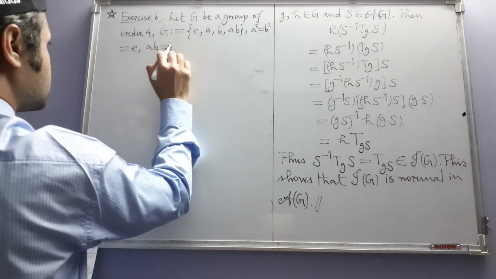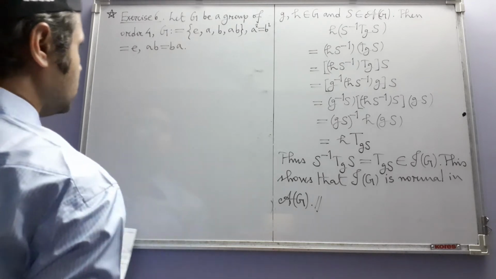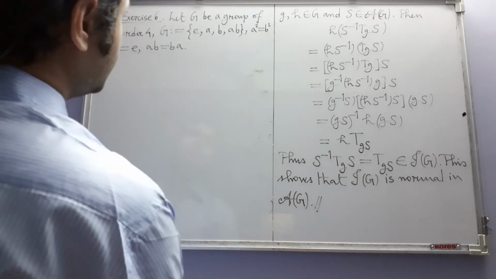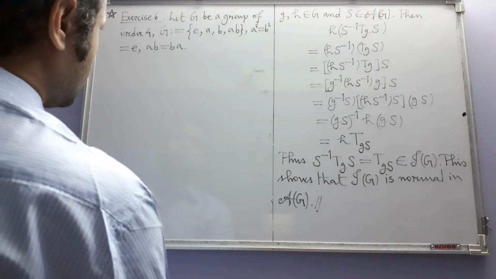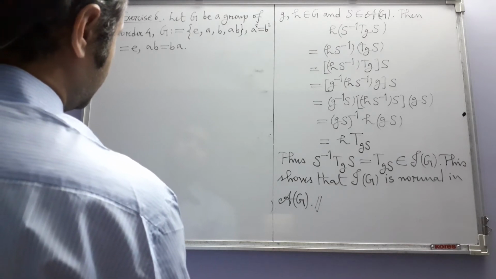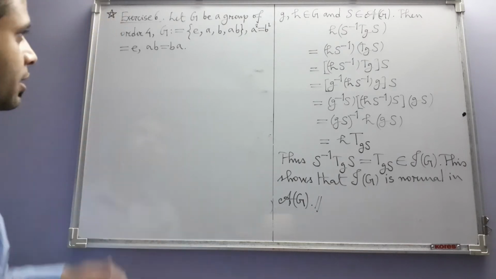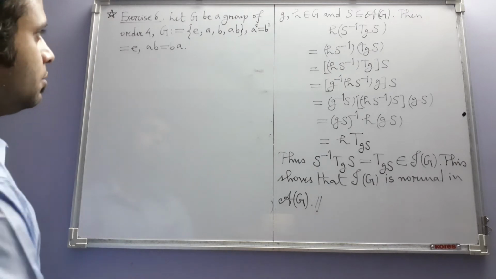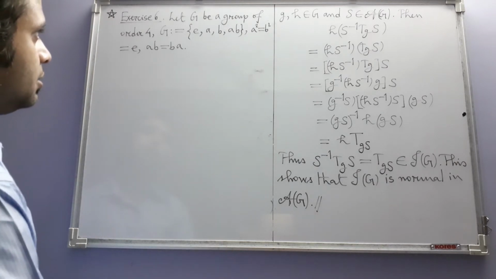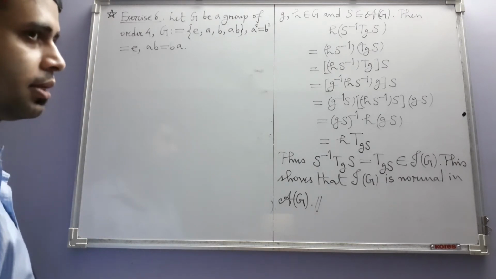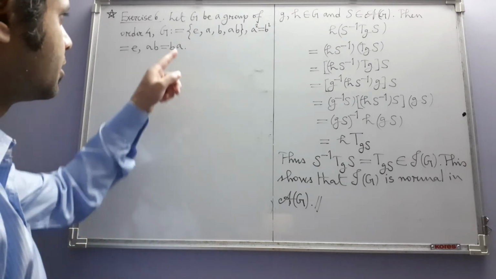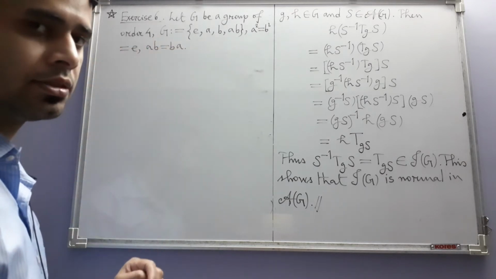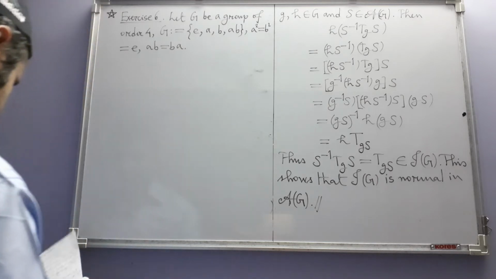And AB is equal to B. Oh, so in that sense he says a group of order 4, because we just need these facts about the group. We don't need the fact that G is unique, that is, it is the only group of order 4 satisfying these properties. That is not needed.